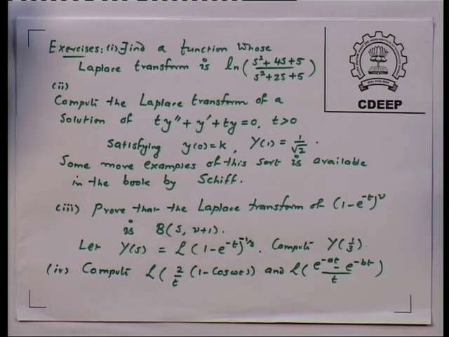Find a function whose Laplace transform is ln of (s squared plus 4s plus 5) upon (s squared plus 2s plus 5). So capital F of s is given to be ln of (s squared plus 4s plus 5) upon (s squared plus 2s plus 5). F prime of s becomes a rational function. When you differentiate the logarithm of this, you get a rational function.